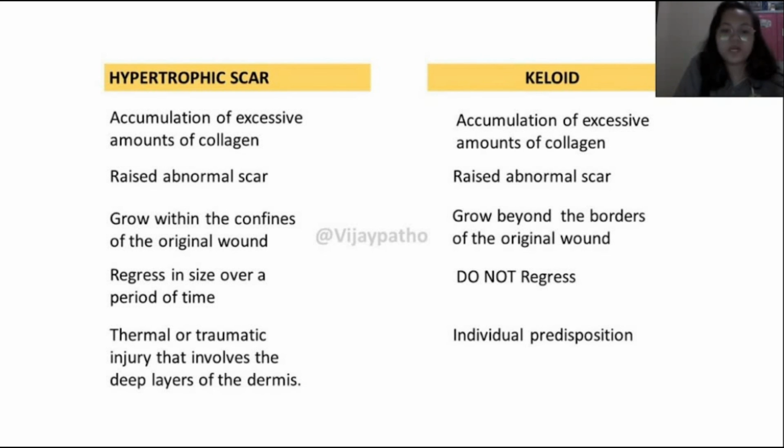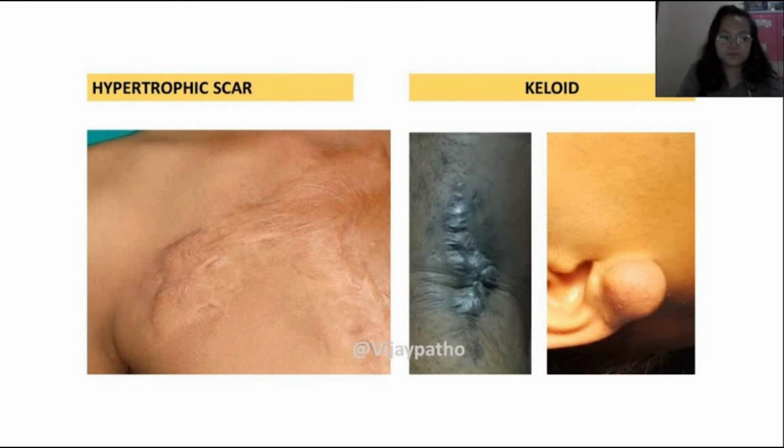So where do you see hypertrophic scar? In the settings of thermal injuries or traumatic injury that involve the deep layer of the dermis, whereas keloid has individual predisposition. This is hypertrophic scar after a burn injury. Look at this, it's a raised scar.